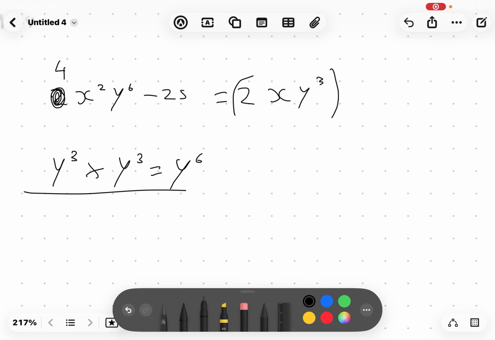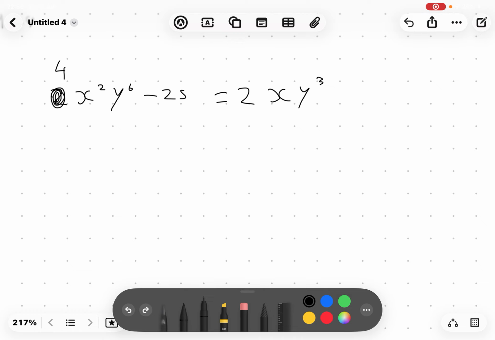Then x squared negative, oh wait, I did it wrong. Negative 5, plus 5. I have done.